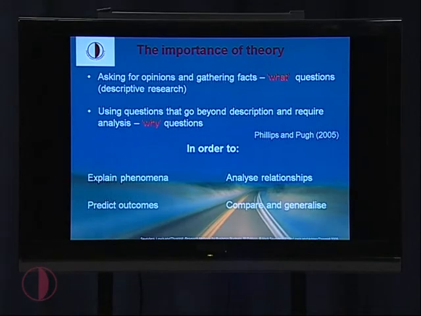So explain phenomena, analyze the relationship between electronic customer relationship management and the firm performance or customer satisfaction, predict outcomes to have something different from past research. You can compare and generalize, depending on the sample that you adopt during your research.